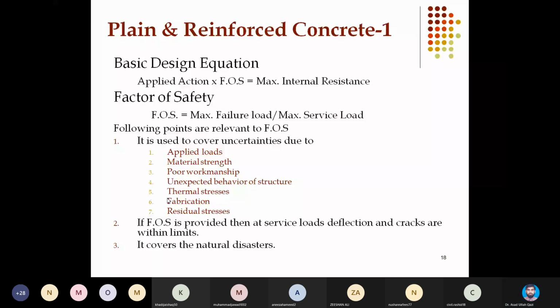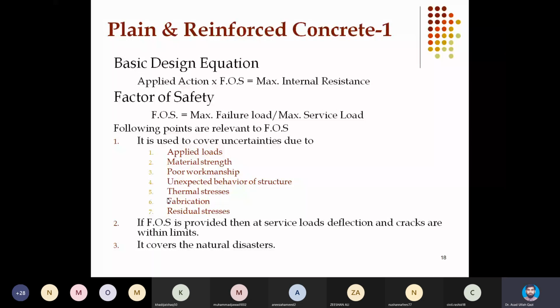If a building or a structural element can still take this additional load, it means the structure has the factor of safety, and the margin from 700 to 1000 it can take, because during design the factor of safety was there and some additional load was considered while making the design.